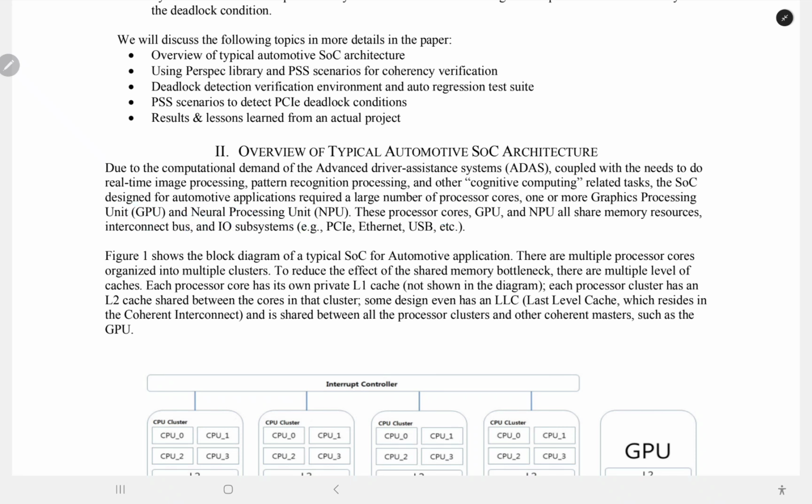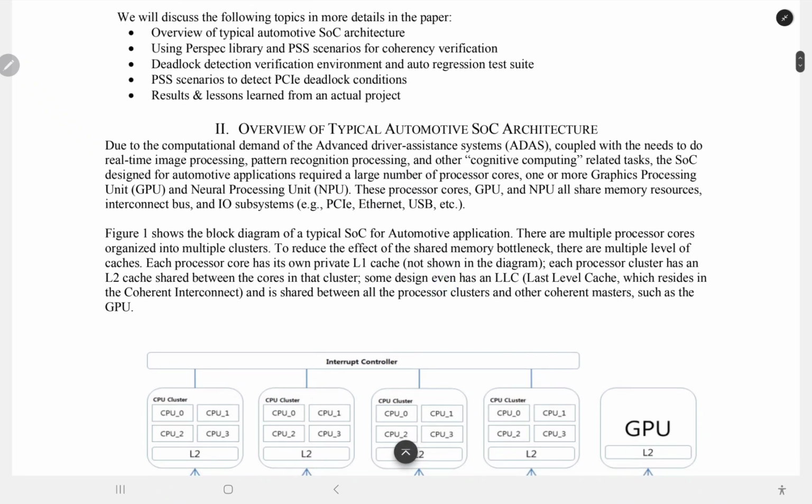These processor cores, GPUs, and NPUs share memory resources, the interconnect bus, and I/O subsystems, for example PCIe, Ethernet, USB, etc.